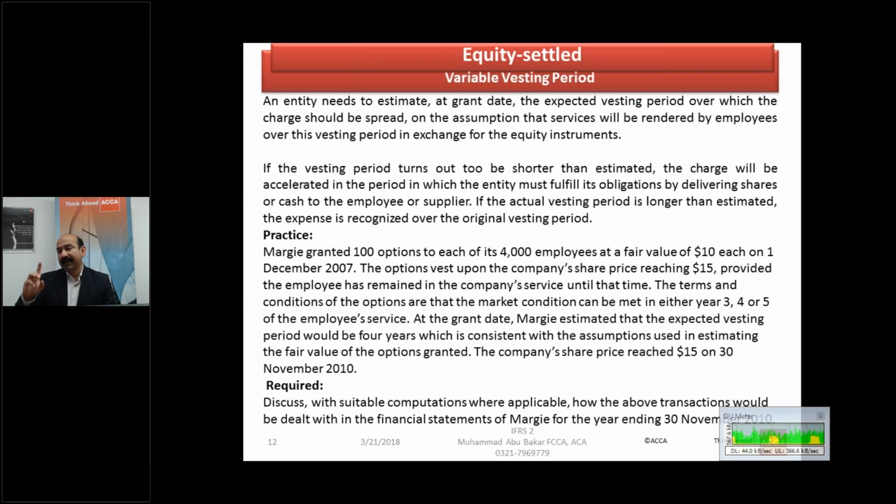Now what will happen? At the end of first year, if we just calculate the total remuneration expense, it will be the same formula: number of options, which is 100, into 4,000 employees, if we assume that all will stay, into fair value at the date of inception.